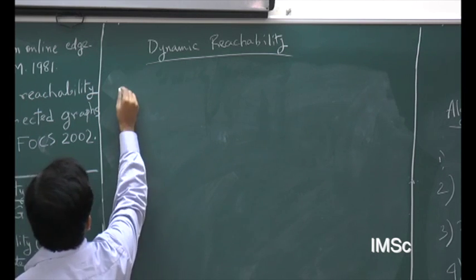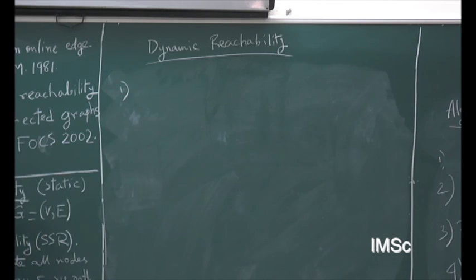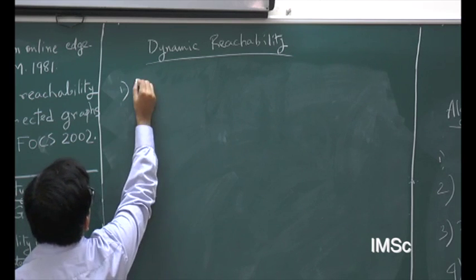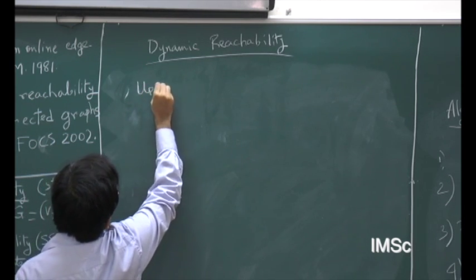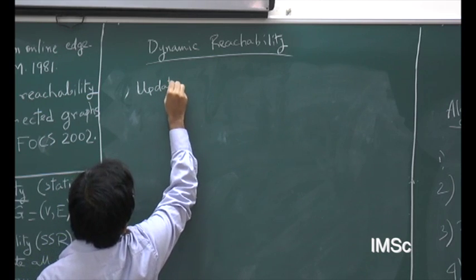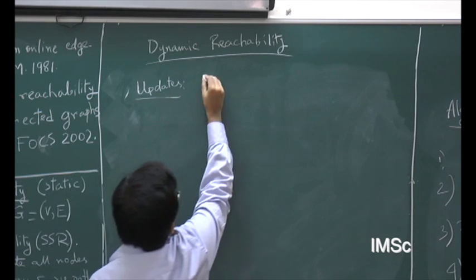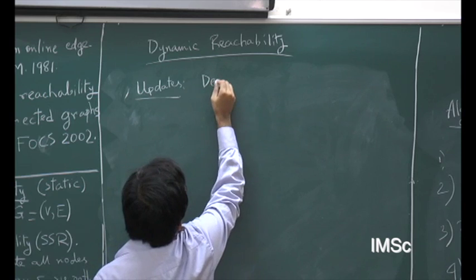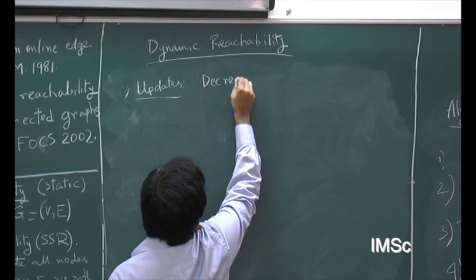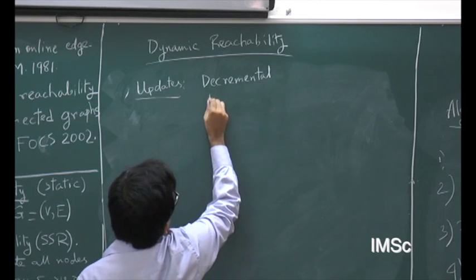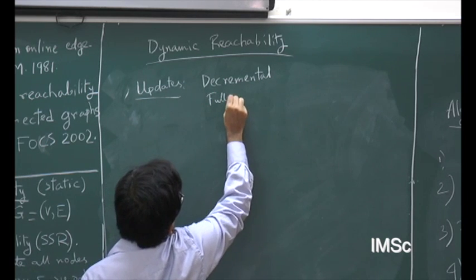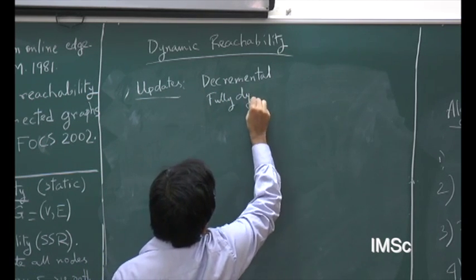So, in the dynamic reachability literature, if you just look at the updates, we will mainly be concerned with the decremental setting and the fully dynamic setting.